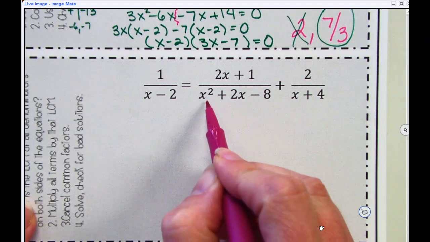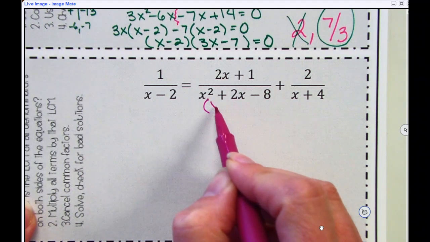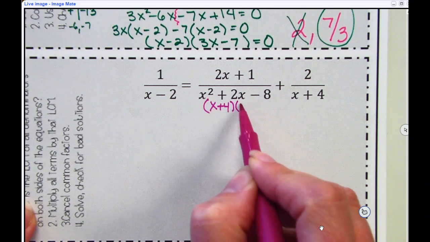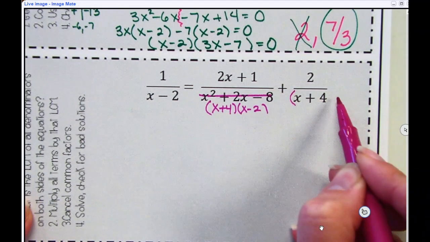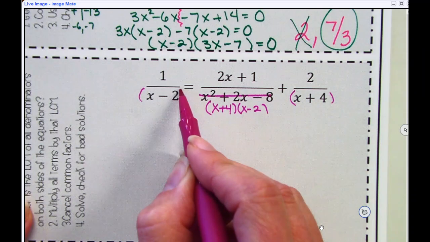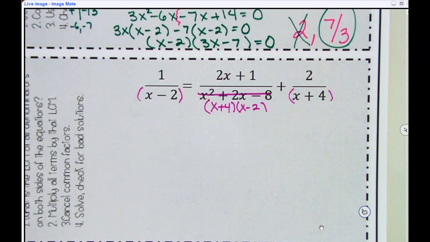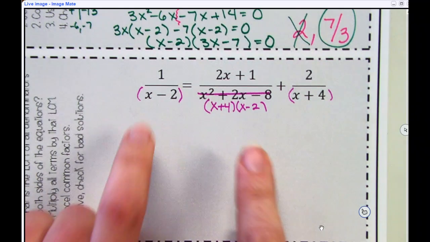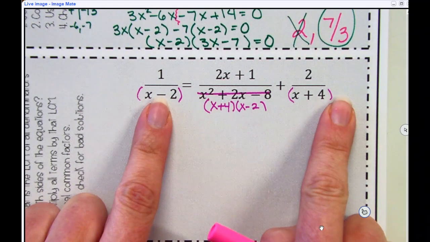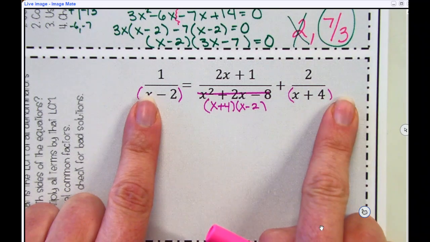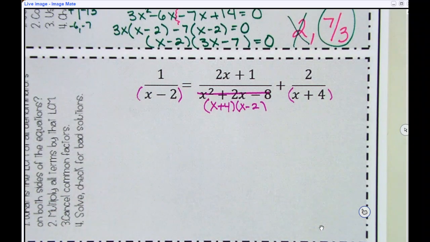Same thing. I would factor this: x plus 4, x minus 2. Get rid of fractions. Now, I want to look at the denominators all the way across the whole equation, left-hand side and right-hand side, and find their least common multiple.